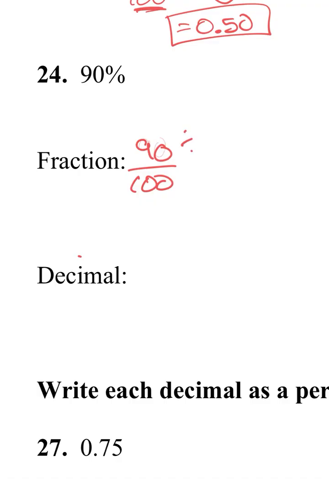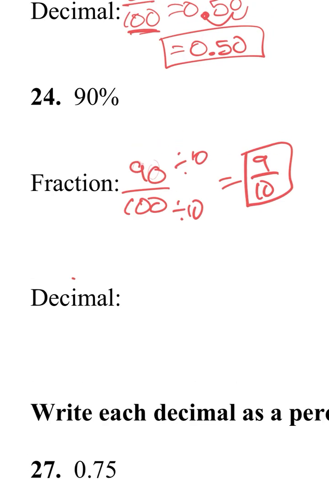So we're going to divide both the numerator and the denominator by 10. 90 divided by 10 is 9, and 100 divided by 10 is 10. And when the numerator and the denominator are only 1 digit apart, guess what? You're done reducing.